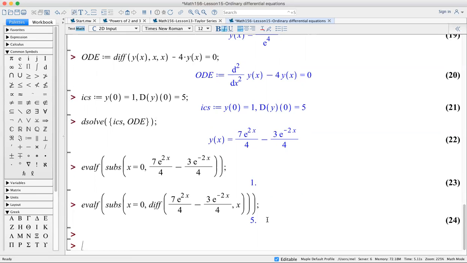Let me do one or two from the homework in Math 176. So this is in section 6.3. The homework was 1 to 17, the odd numbered problems. So let me do number one.